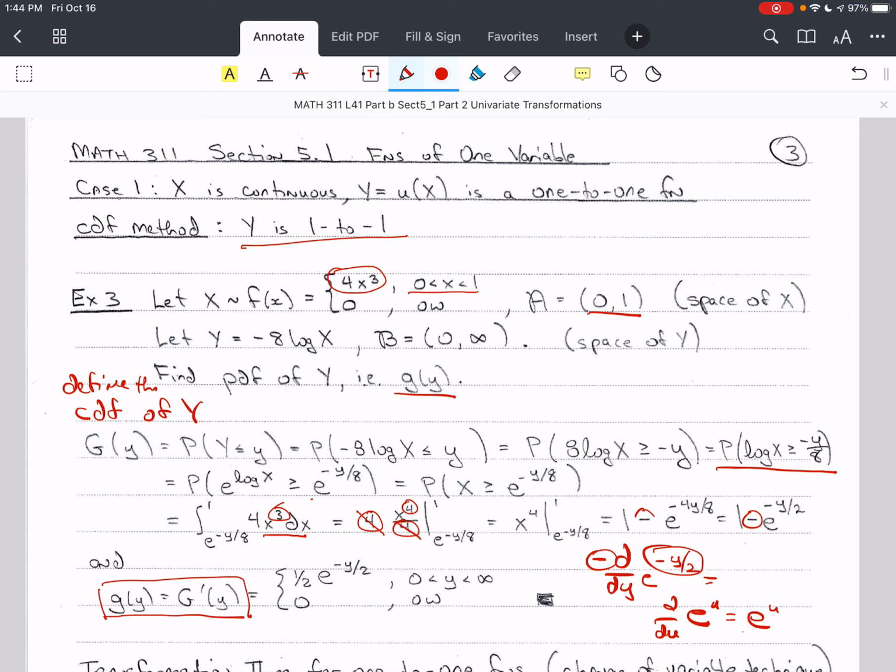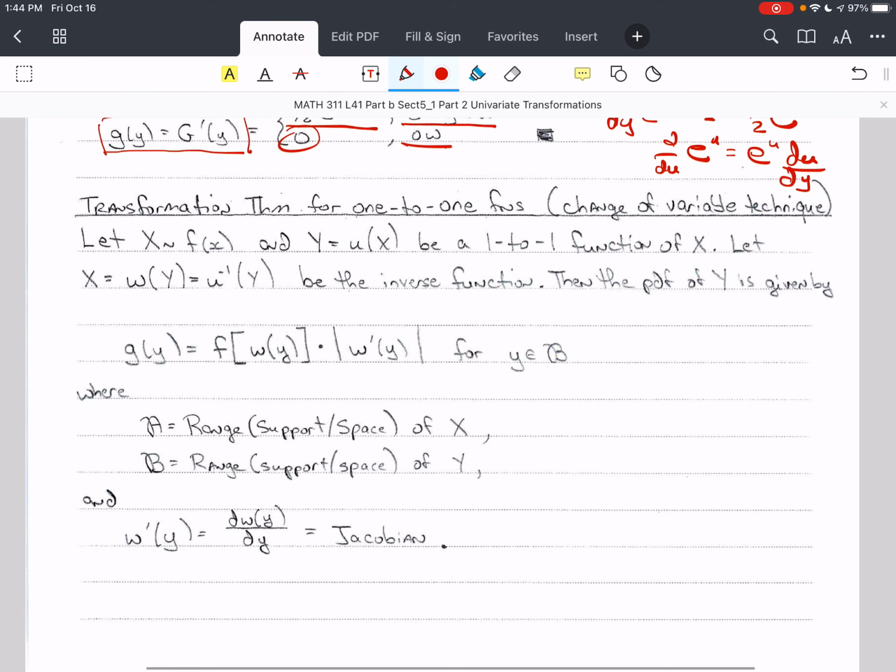But here I also have to do du/dy. Chain rule. So I have negative e to the negative y over 2, and then I have to take the derivative of u, which is going to be negative 1/2. So I end up with 1/2 e to the negative y over 2 for y between 0 and infinity. Remember, we use the support here, and 0 otherwise. Okay.